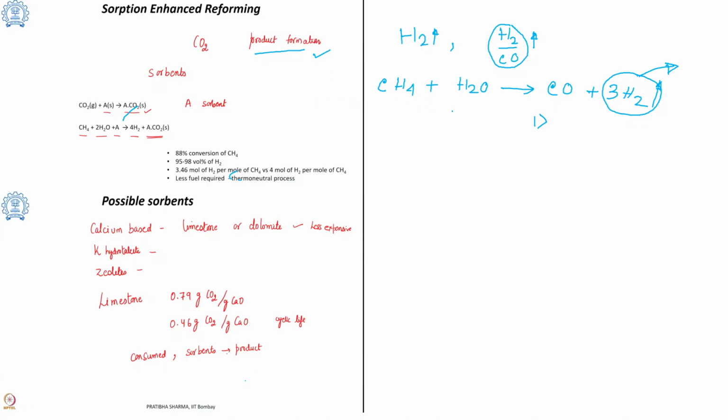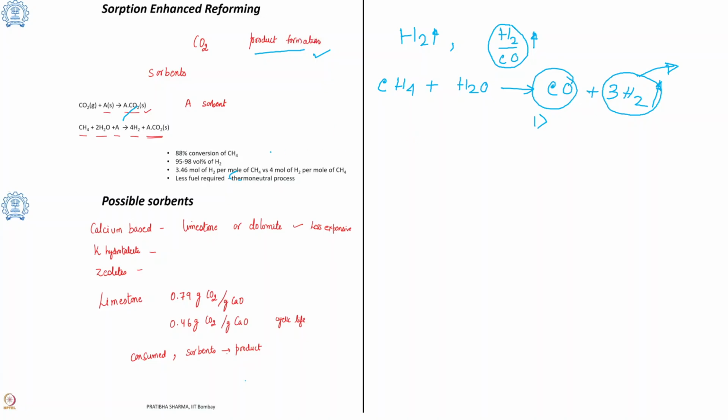If I reduce carbon monoxide or carbon dioxide too, you will see that not only one reaction occurs in methane reforming, there are multiple reactions. If we remove or absorb the outlet product gas, the kinetics of the reactions will be favored.